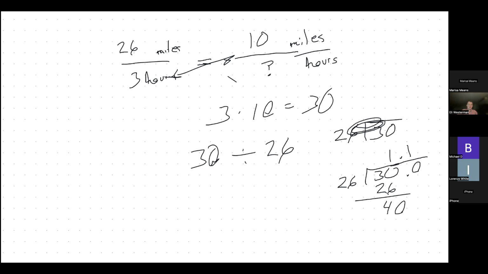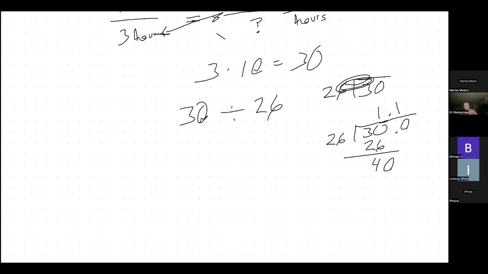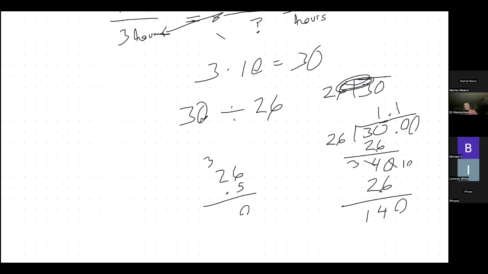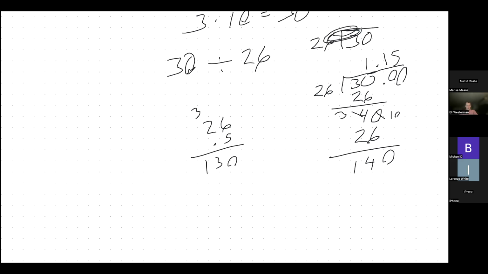All right. Got to bring my thing down. So that's 26, 10, 4, 3, 14. Bring down a 0. 26 goes into 140. Let's see, 26 times 5 is 130. So 5, 130.